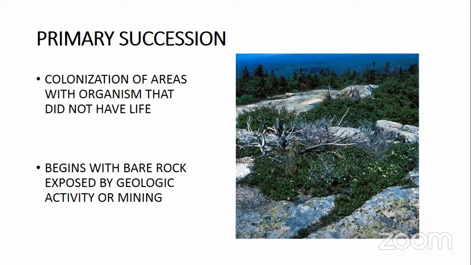There may not be any life, but slowly, from the rocky area, some shrubs come, then develop into trees and so on. But this process is very slow. I mean, it takes time. And it begins with bare rock exposed by geological activities or mining.